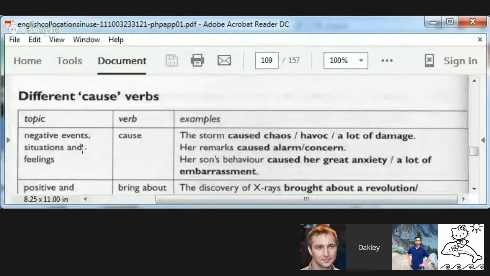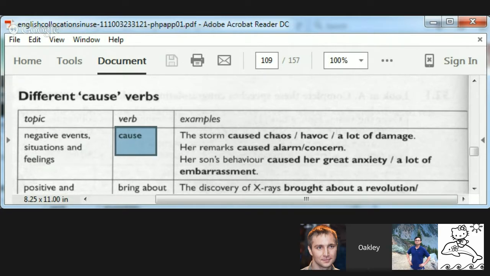I'll introduce the topic, and then I'd like you guys to read the example sentences, and then I'll talk about them with you. First, to talk about negative events, situations, and feelings, the verb is cause, which of course we're going to use to talk about cause.